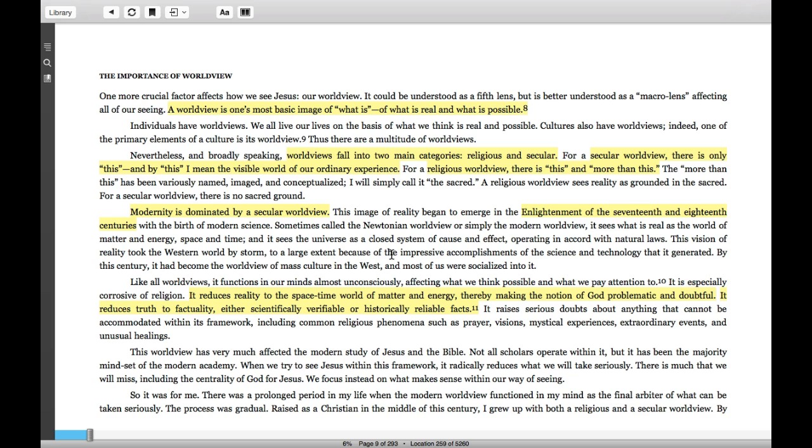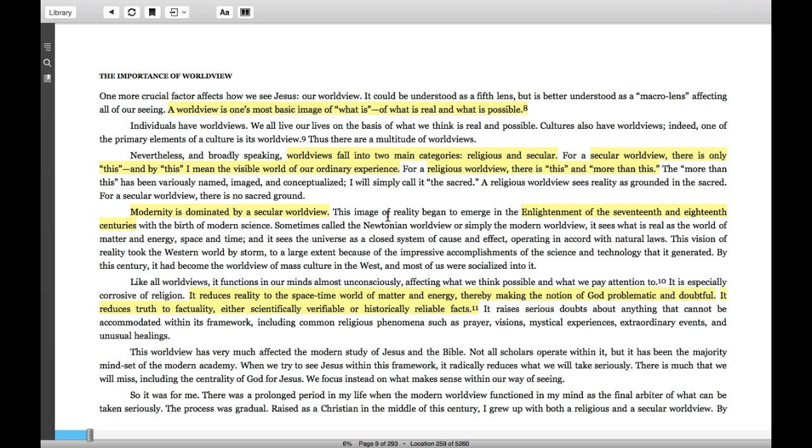In other words, the secular worldview is different from the religious worldview because the religious worldview deals with this and more than this. The more than this he talks about has been variously named or conceptualized, but he talks about the more than this as the sacred. In other words, you and I would use the term God.